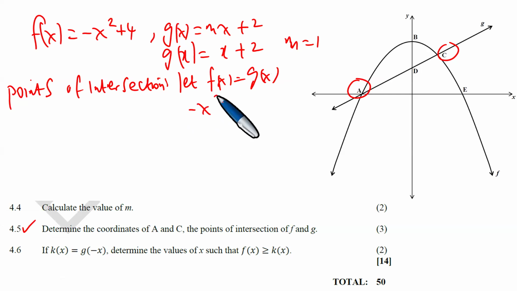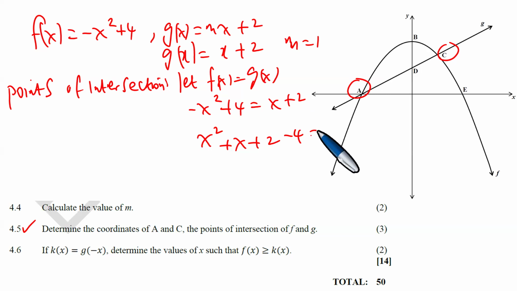F of x is minus x squared plus 4, g of x is x plus 2. Transpose everything to the other side, and you're left with 0 on this side, getting x squared plus x minus 2 equals 0.